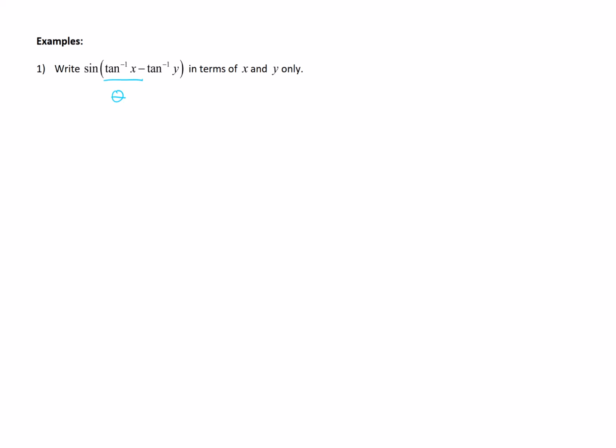But of course, we're going to do the exact same thing for the second expression, but give it its own name. For the second expression, tangent inverse of y, we'll call that by its own single letter, and we'll stick to the Greek alphabet and use the letter phi. Again, another letter commonly used in trig.